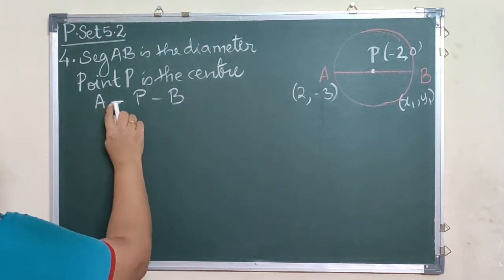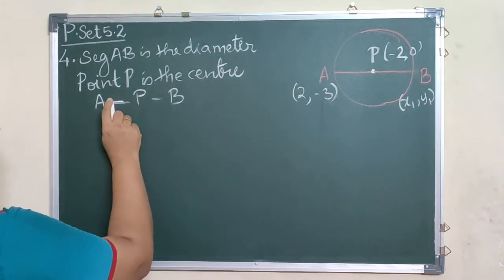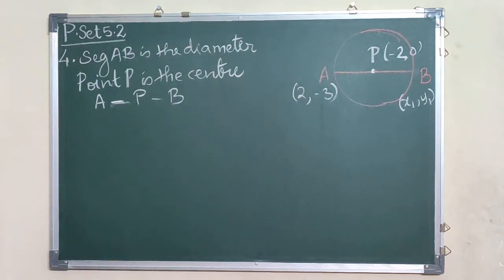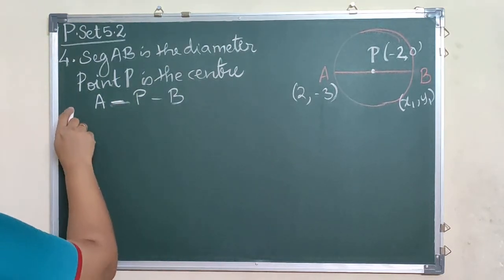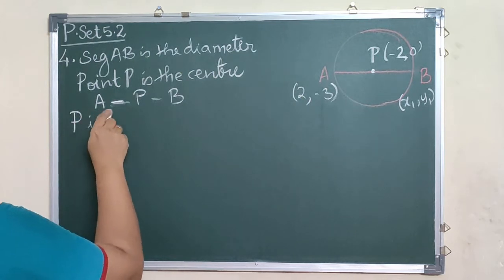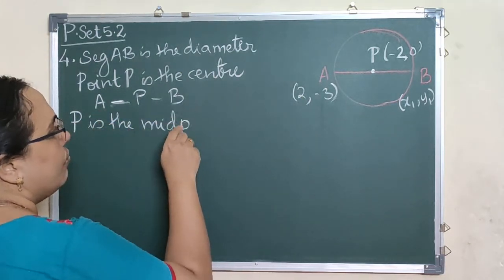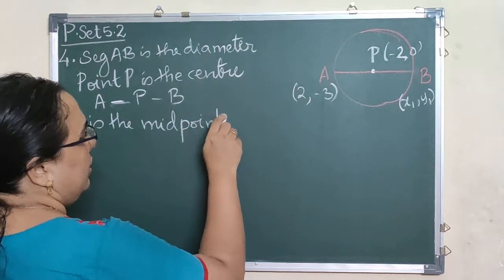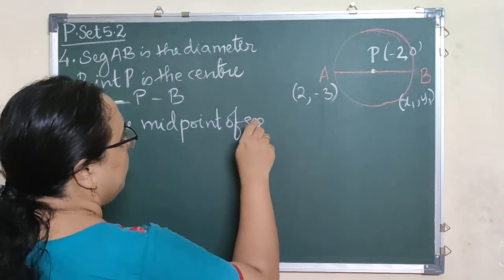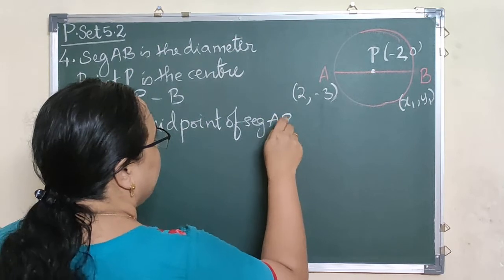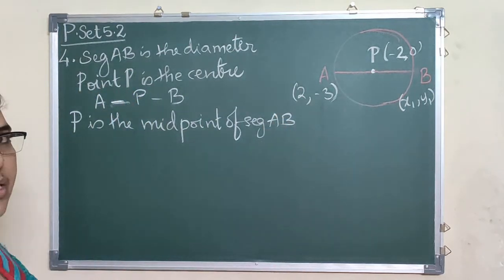Other than that, P is the midpoint of segment AB. Agreed? Yes, because P is the center, P is the midpoint of the diameter.